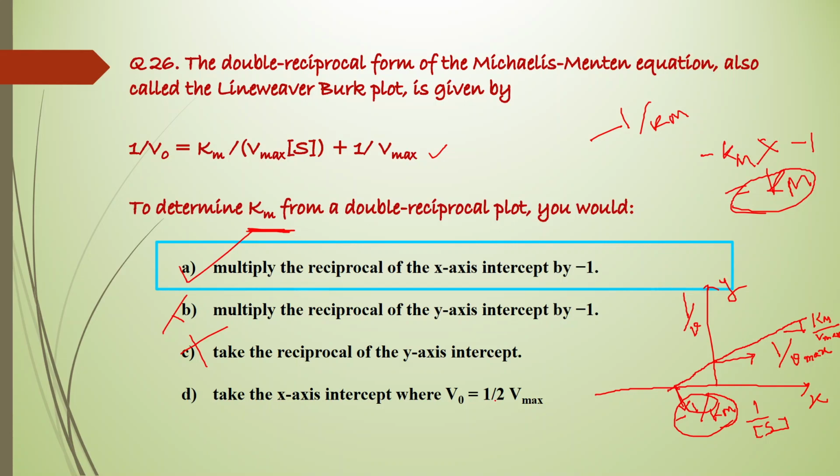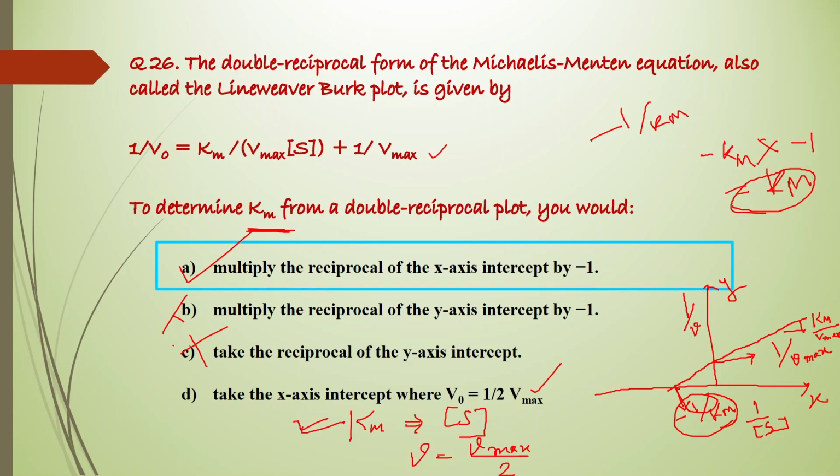to half Vmax. This option has been put here very trickily, because if you remember the normal definition for Km, Km is basically the substrate concentration where V is equal to Vmax by 2. This is the definition that you read all the time for Km.